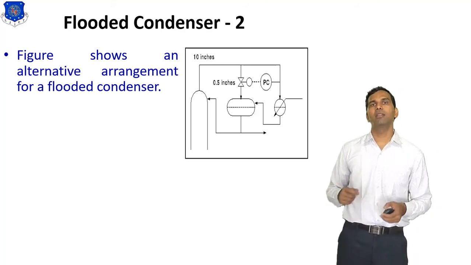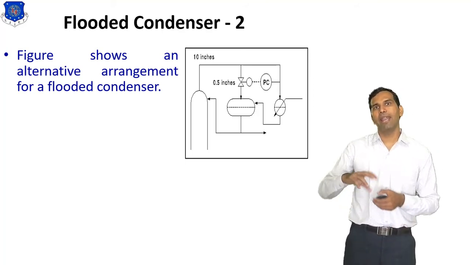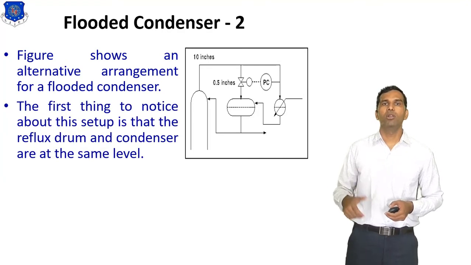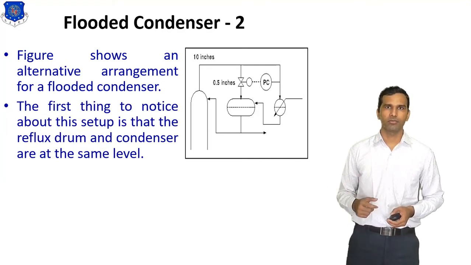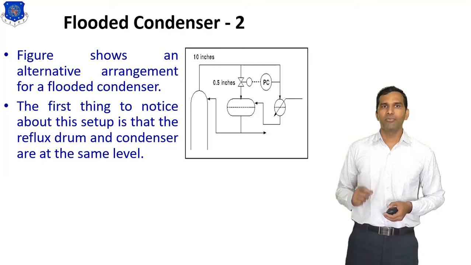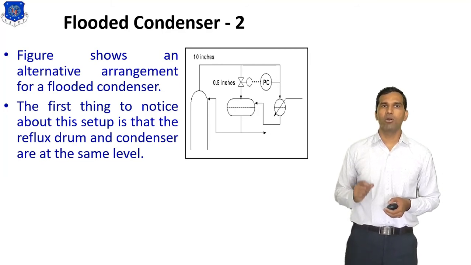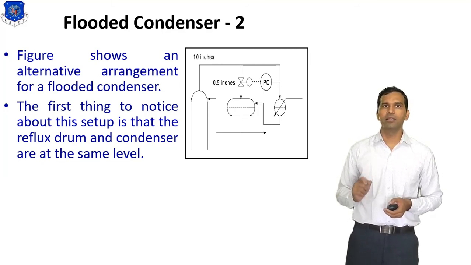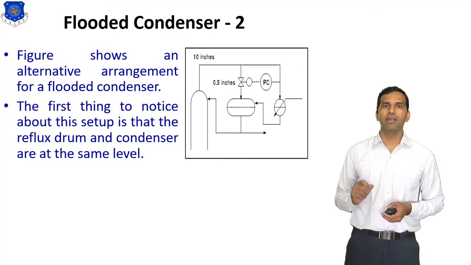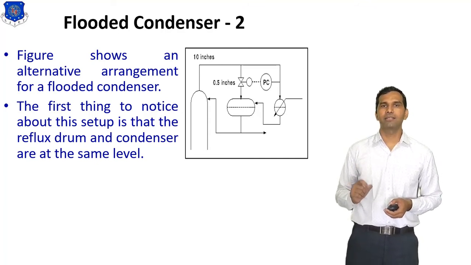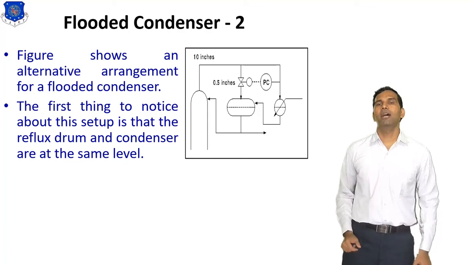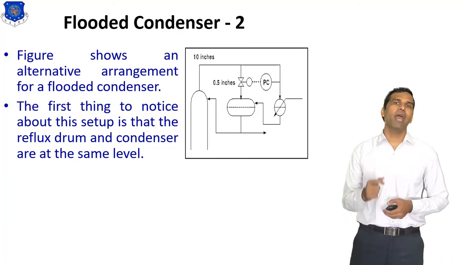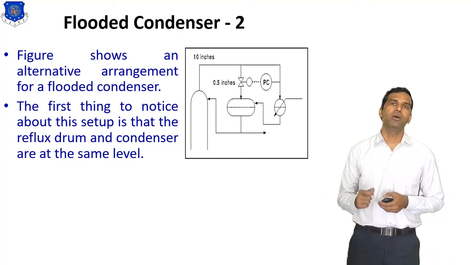That means this is another arrangement of the flooded condenser. The first thing to notice about this scheme is that the reflux drum and the condenser are at the same level. So here we can compare this method with the previous method.